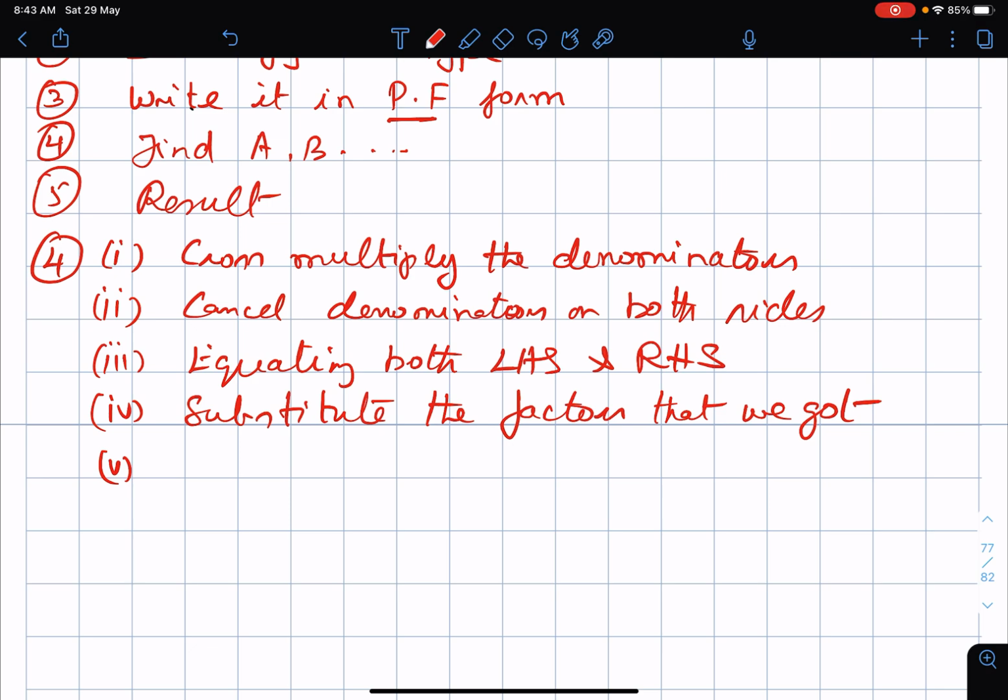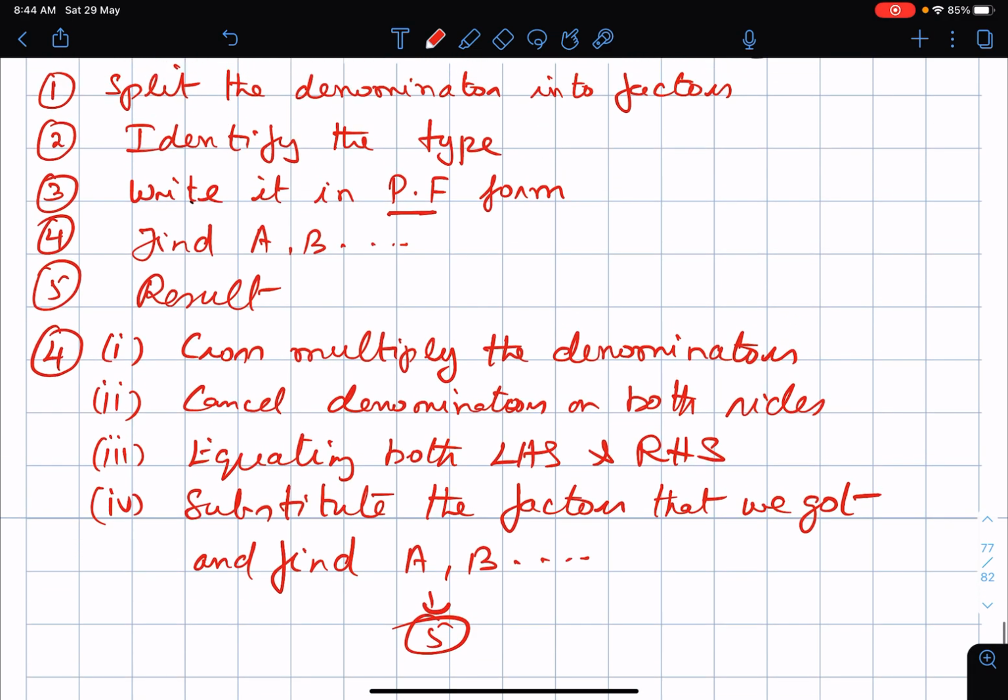I think I can write this in the same step itself: substitute the factors that we have got and find a, b, and so on, however many values. This fourth step is going to be here, and then after finding a and b you are going to come to your fifth step, the result. So these are the steps we are going to follow now.